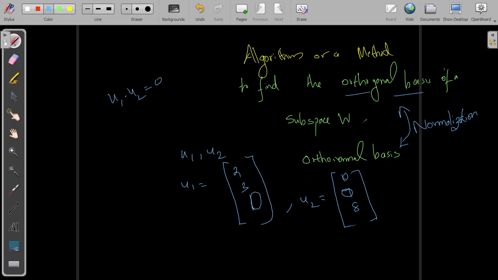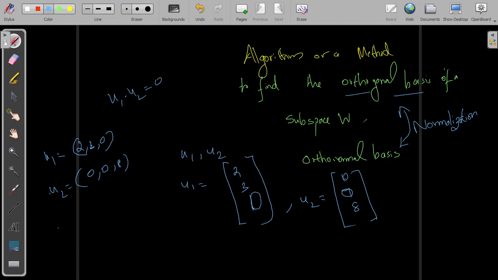Then what do we mean by an orthonormal vector? Here u1 is 2 3 0 and u2 is 0 0 8. After normalizing the orthogonal basis you will get the orthonormal basis.